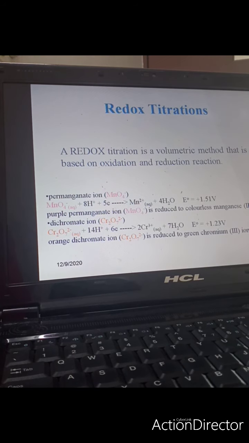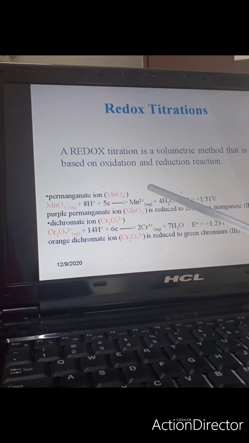Now the next titration which I am discussing is redox titration. That is a volumetric method in which there will be oxidation as well as reduction reactions, that is redox reactions. In this, either the standard solution which you are using will act as an indicator, or you will be using starch as an indicator.